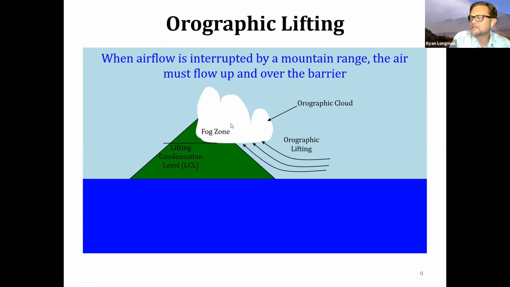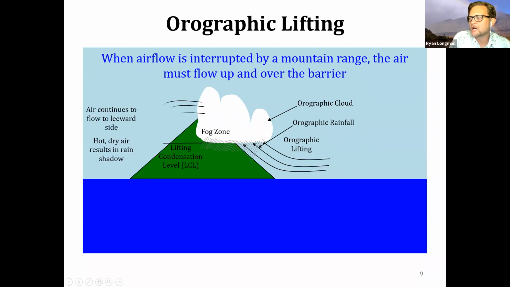And the area above the lifting condensation level is known as the fog zone, and that's where we have our tropical montane forests and all the species that exist in that moisture-rich area. And we get this steady stream of rainfall called orographic rain. For islands like Oahu and Kauai, the rain can come over the top of the mountains. Now, as that air moves over the mountains, because of the release of energy when it condensed, it's a little bit warmer and it's drier now.